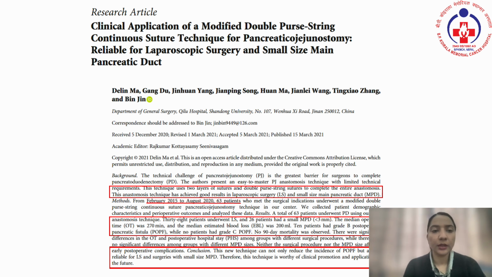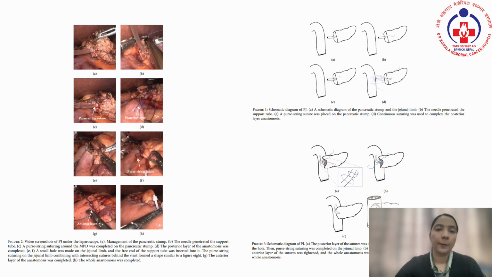They have taken the modified double purse string continuous suture technique for pancreaticojejunostomy, which I have illustrated here. What they do is first they take a stay suture between the jejunum and the pancreas, and they put a purse string suture around the pancreatic duct.